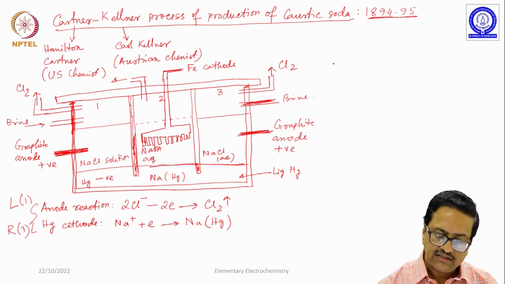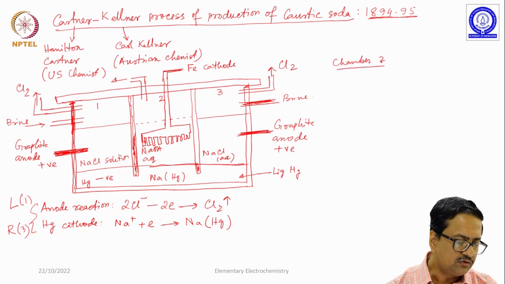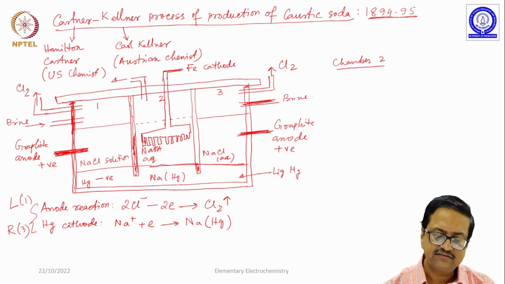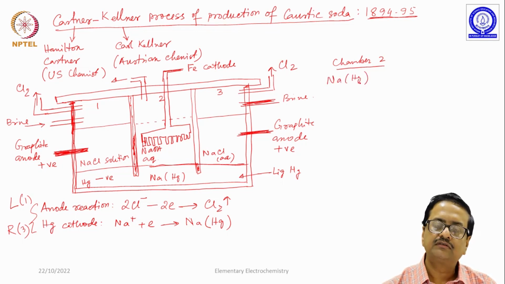What is happening at the central chamber, chamber number 2? You have this iron as cathode and the sodium amalgam, NaHg, is your positive electrode, the anode.